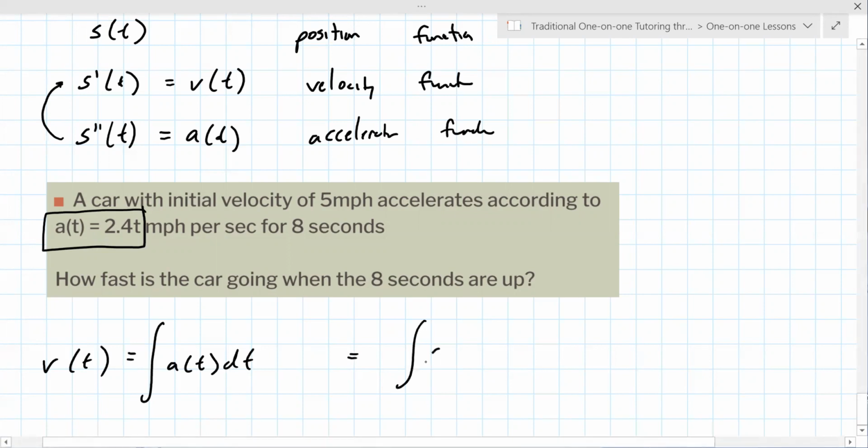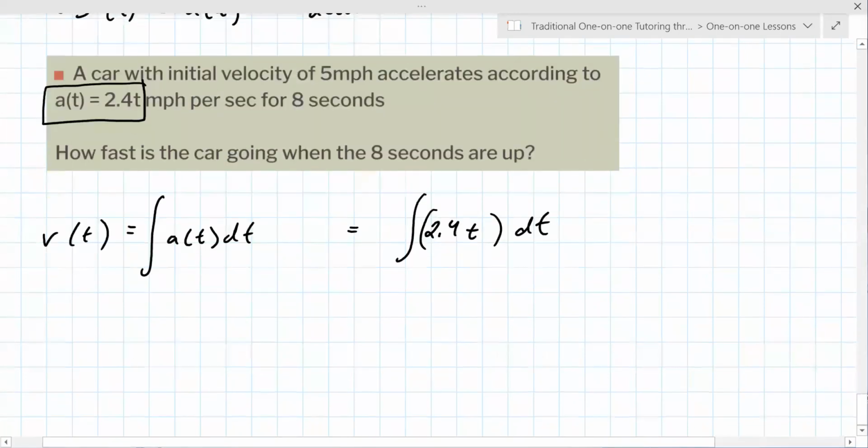We're going to integrate 2.4t dt. And then the question is, what are our bounds? Well, it's kind of an initial value problem. So let's just take the antiderivative here. It's 1.2 t squared plus c is v of t. Do you kind of see that power rule on that one?